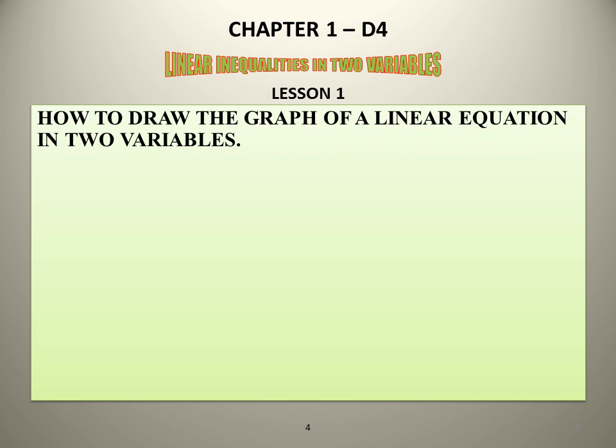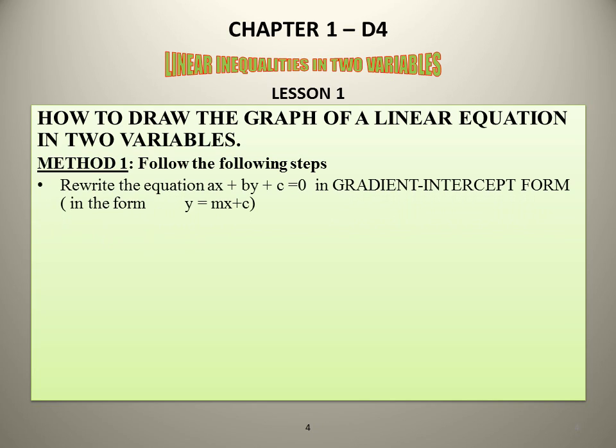Now, how to draw the graph of linear equations in two variables? There are many methods, but in this lesson I'll discuss two of them with examples. Method number 1 is by taking gradient and y-intercept from the line. So follow these steps to draw the graph of linear equation.